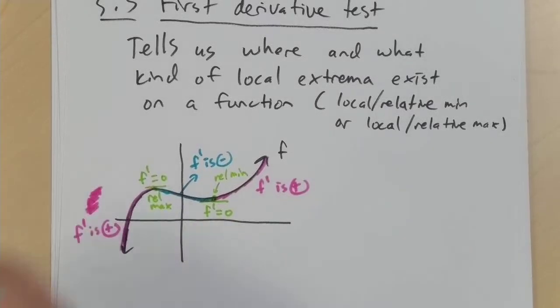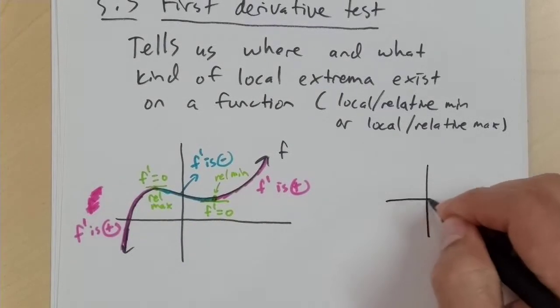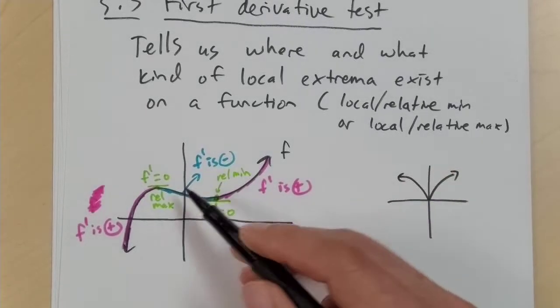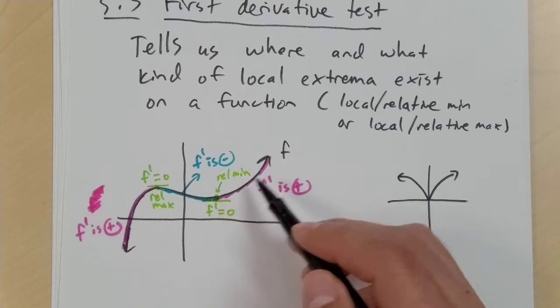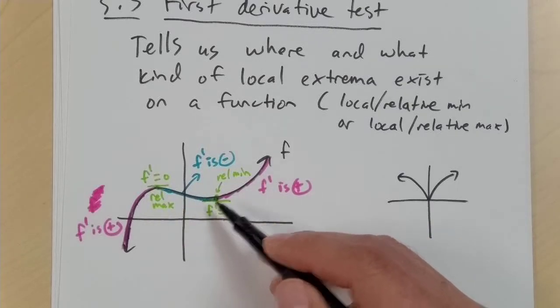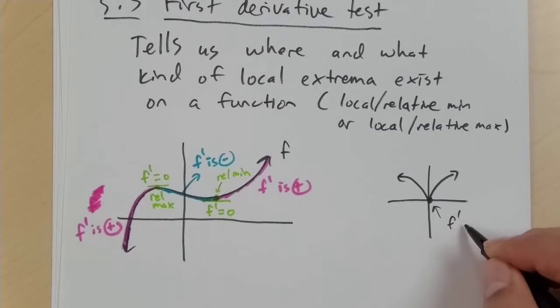Now, it's also worth mentioning that we could have graphs that look like this. This one had critical numbers where the derivative was equal to 0. Remember, we could also have a critical number if the derivative does not exist.